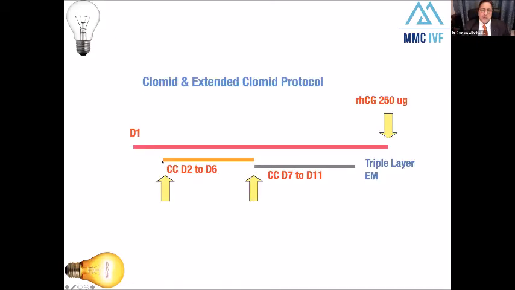So this is a slide that tells you how the tablets are taken. For the medicos, the medical professionals on the webinar, an extended Clomid protocol is clomiphene citrate day 2 to day 6 that can be extended from day 7 to day 11. And once you have a 22-23 millimeter dominant follicle with a triple layer endometrial morphology, only then you can trigger for whatever treatment.